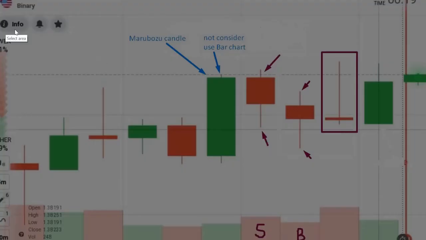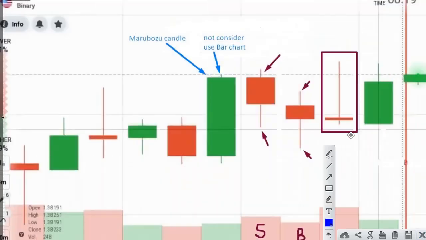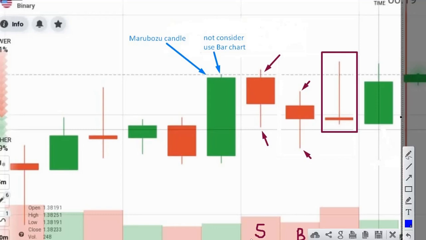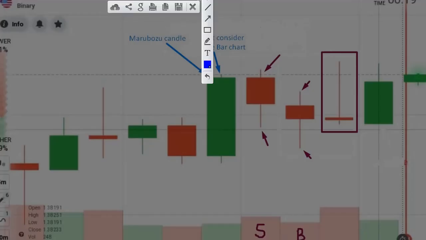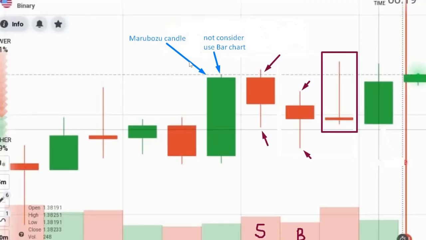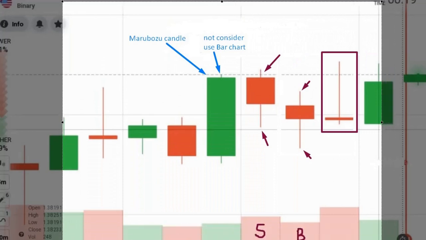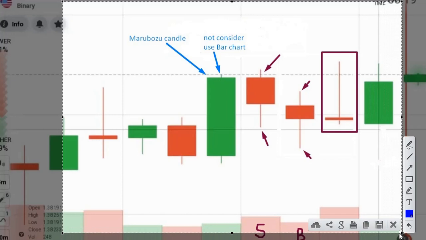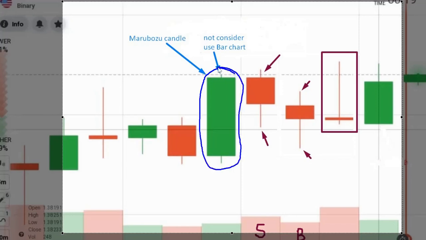Now in this picture, what happened? If we apply bar chart, this candle will be a Marubozu candle, right?